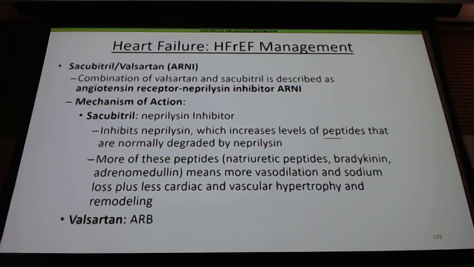So now you have higher circulating levels of natriuretic peptides, which means you have more of a positive benefit associated with those peptides being in circulation. And then valsartan, we talked about the benefits already for that.